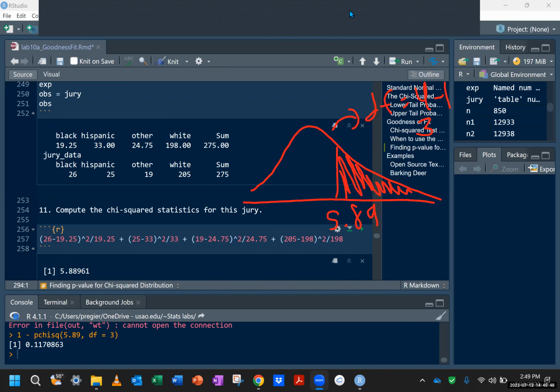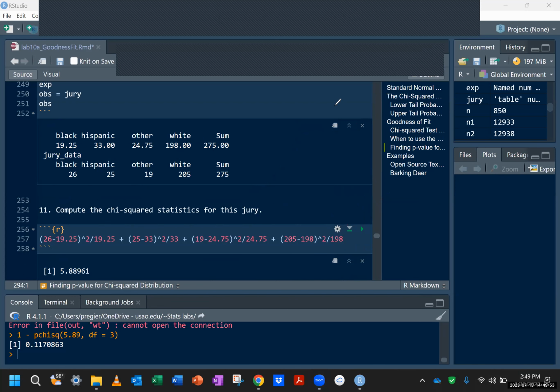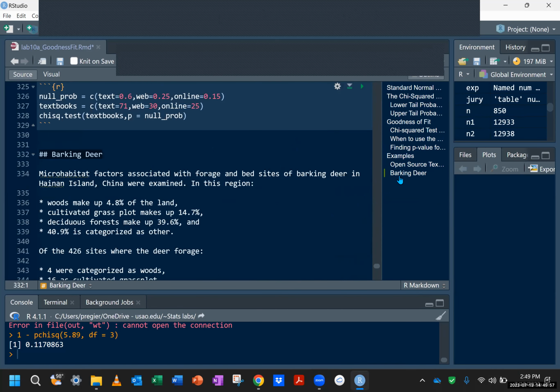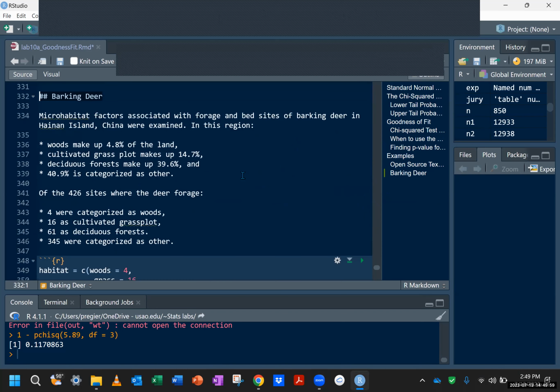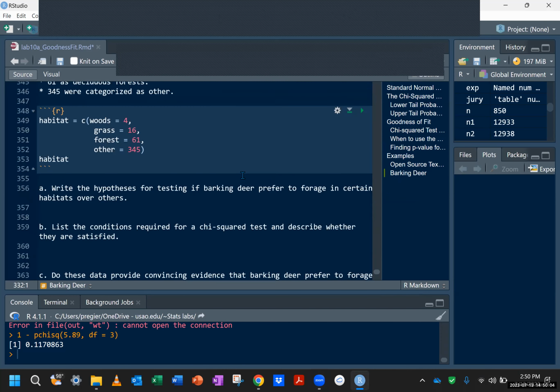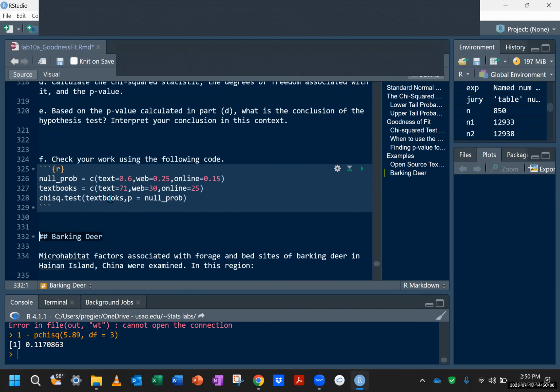Okay, so I'm going to clear this all. And now is your chance to practice 2 examples. I'm going to maybe set up the barking deer example for you together, and then we can check it. With both of these examples, I have a bit of code here that you can use to check it.